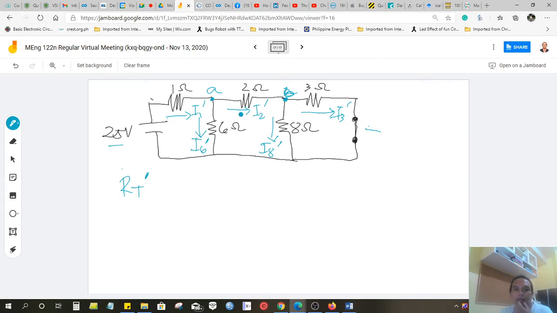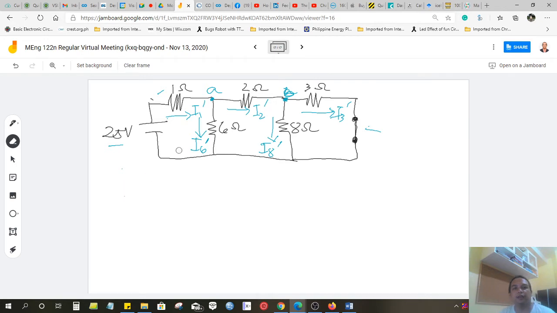Then we can get the voltage drop here in I1, then subtract it. But before that, let us simplify first the circuit. Simplify first the circuit.